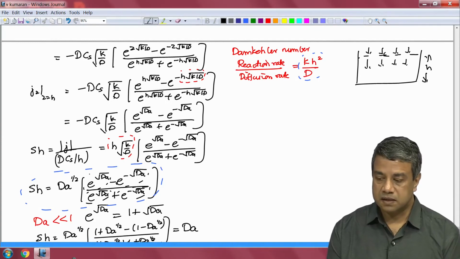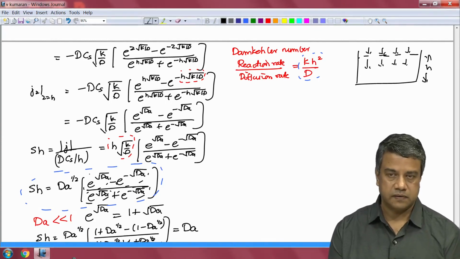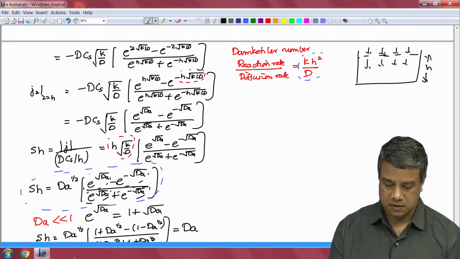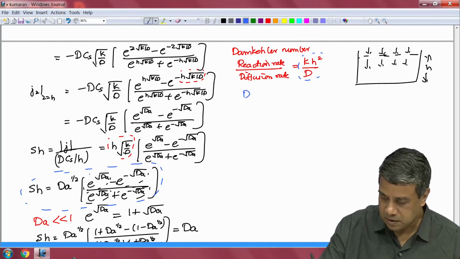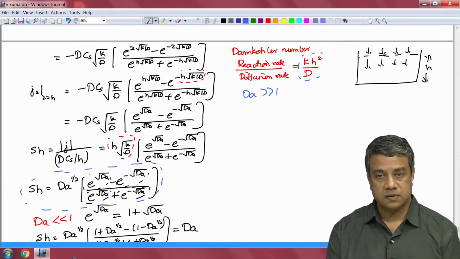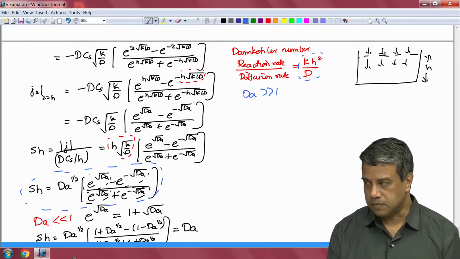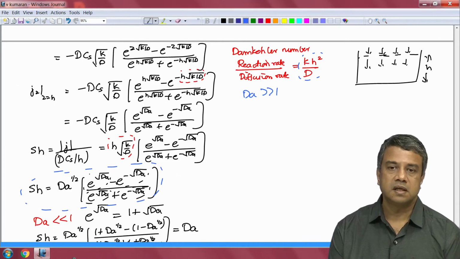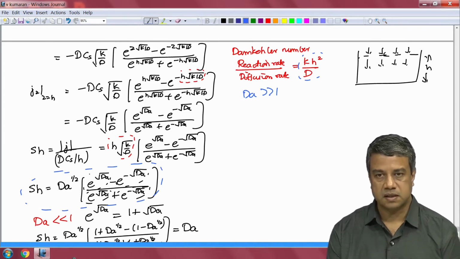On the other hand, if kh square by D is much larger than 1, if we take the second limit where the Damköhler number is much larger than 1, in that case what happens? For a given concentration which is comparable to Cs, the diffusion rate is much slower than the reaction rate.